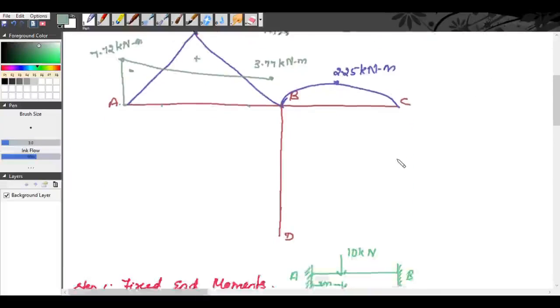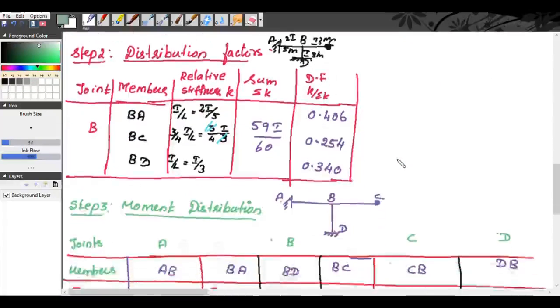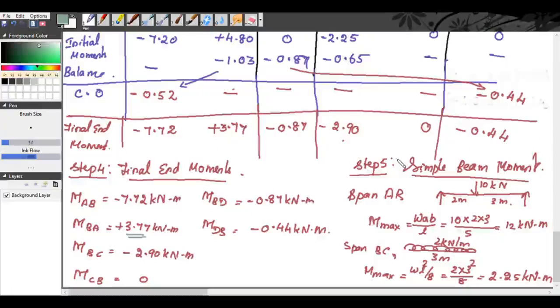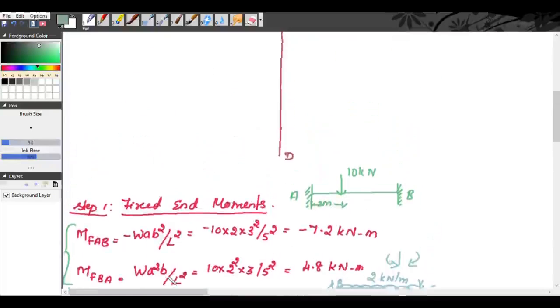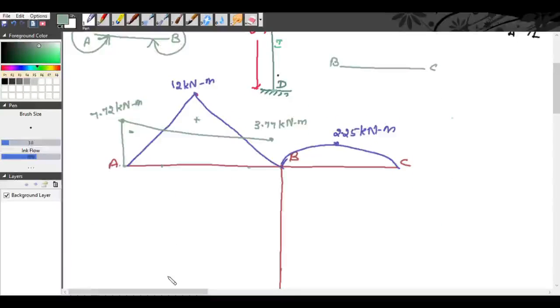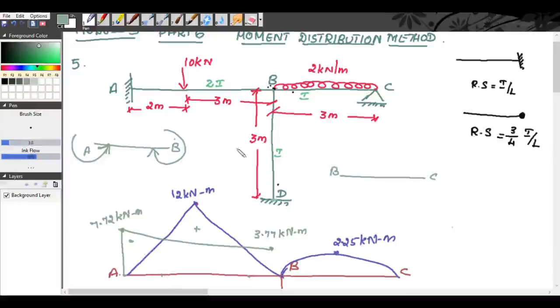the moments, what is the value for final end moments? Final end moments are, for BC it is minus 2.90 and for CB it is 0. So for BC it is minus 2.90, that means anti-clockwise, pointing upwards, right?